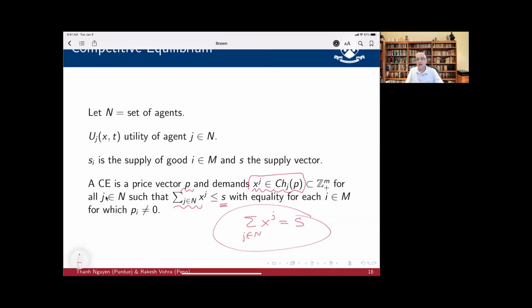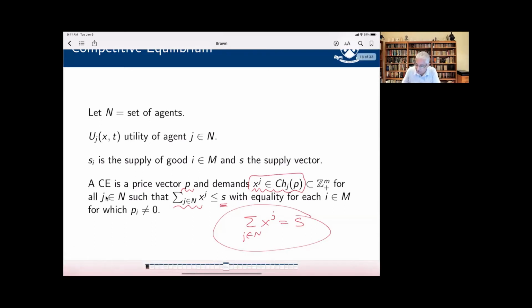Another thing to keep in mind is that when you drop the non-satiation assumption, not every competitive equilibrium is guaranteed to be Pareto optimal. So there is also a selection issue that you have to worry about. But we have theorems from Mas-Colell and Andrew McLennan that tell us about how to select such equilibria when the non-satiation assumption is thrown away. Okay, this is the definition of a competitive equilibrium.